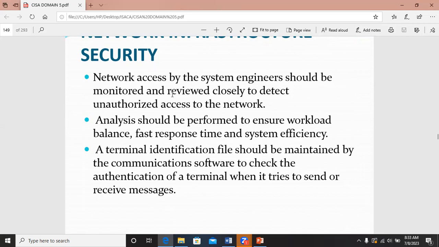Then there should be a terminal identification file. What do you mean? Every terminal, every computer, every laptop, every tablet that is sending messages across the network, you must be able to track it. Whether you are using the MAC address of the machine or the IP address, we must have a way to track that this message came from this particular machine on this particular date.